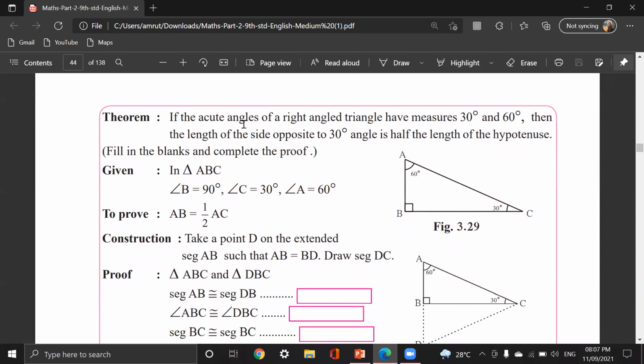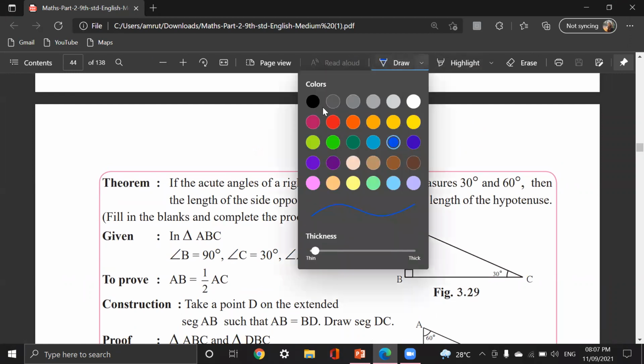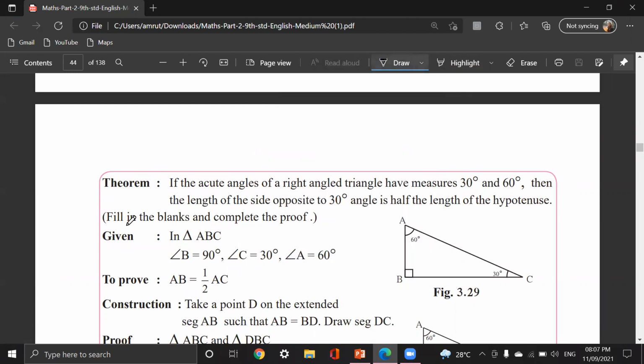If the acute angles of a right angle triangle have measures 30°, which is very important, and 60°.